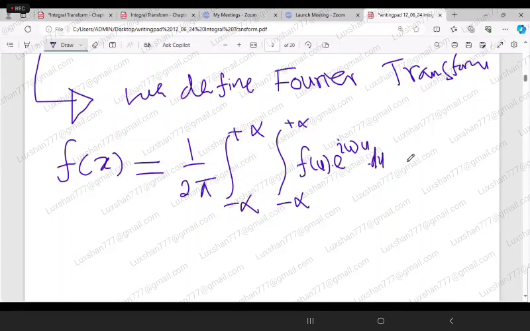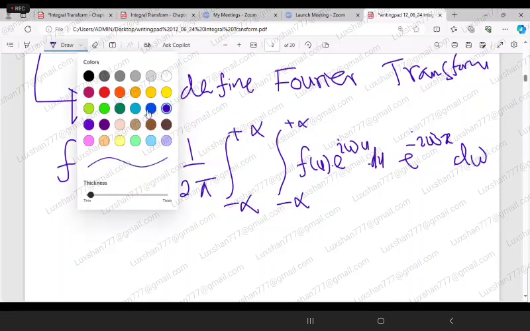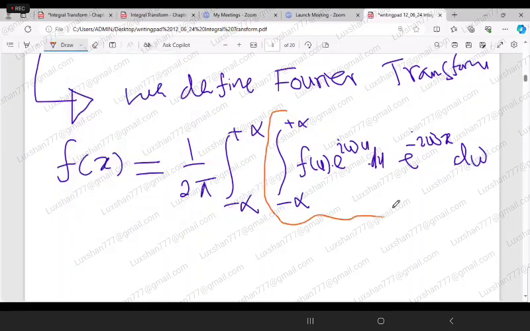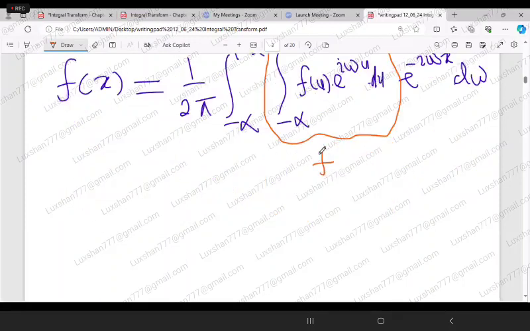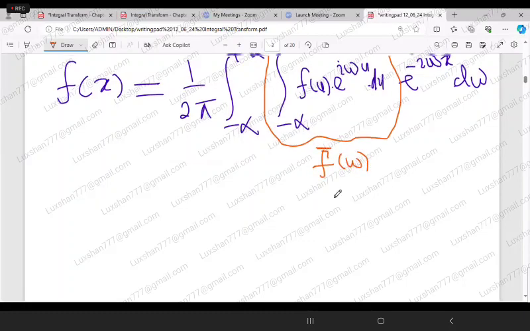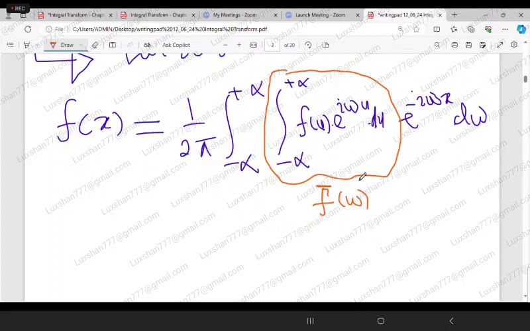Then we are writing e to the power minus i omega x. So be careful with the variables. i omega x into d omega. So this one we call the Fourier transform of this function, and we denote it by f bar omega.